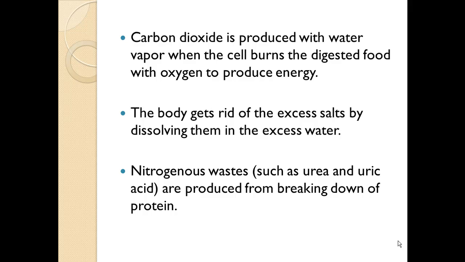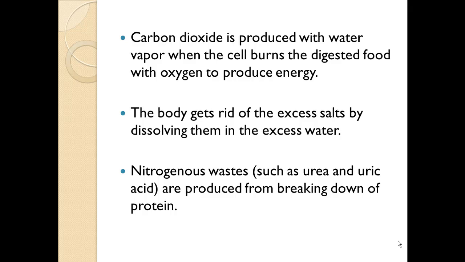The carbon dioxide is produced with water vapor during the respiration process. Last year you took the respiratory system, and you know that respiration is divided into 2 main processes, inhalation and exhalation.